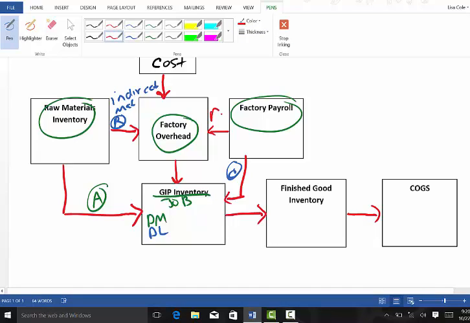And so that is our D. So our indirect labor would go into our factory overhead.